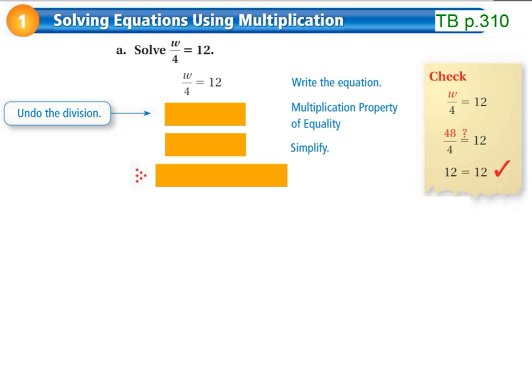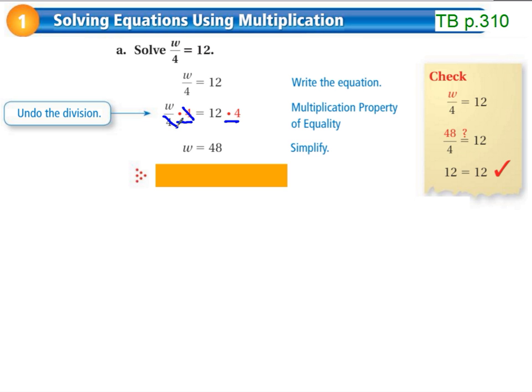Okay, let's take a look at an example. I have solve w/4 equals 12. Remember, fraction bar just means divide. So w divided by 4 times 4 is going to be equal to 12 times 4. Notice, on each side, I'm just adding times 4. The 4's on the one side cancel out, so I'm left with just w.